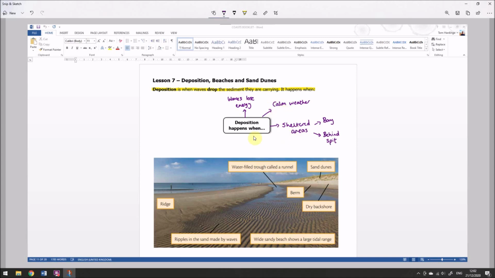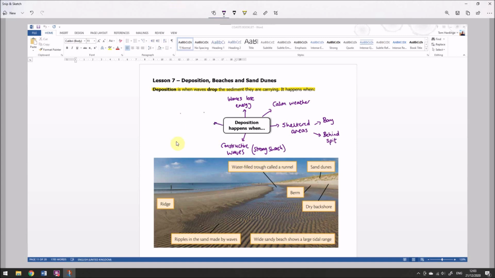Linked with calm weather and sheltered areas is that deposition also happens when waves are constructive. Where we have constructive waves approaching the coastline, which, if you remember back to our first lesson, have a strong swash, those waves are going to be encouraging deposition.